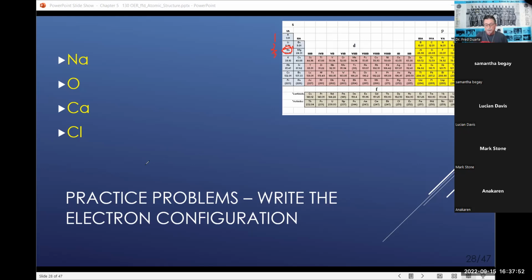So we can very quickly write 1s, because we know there's only one s orbital in the first energy level. And we can write 2s and 2p, because in the second energy level, only the s and the p appear, okay? And then since sodium is in the third, we can do just a 3, and then furthermore, it's in the s elements right here, okay?